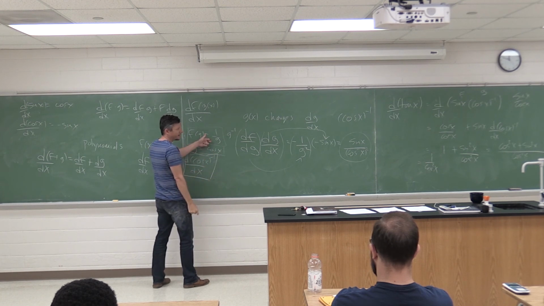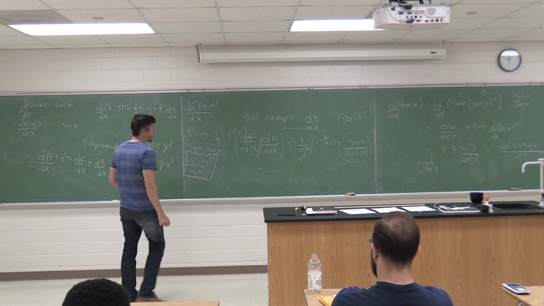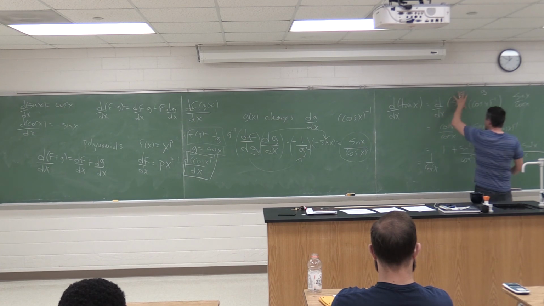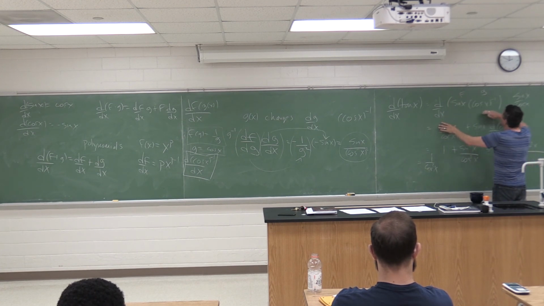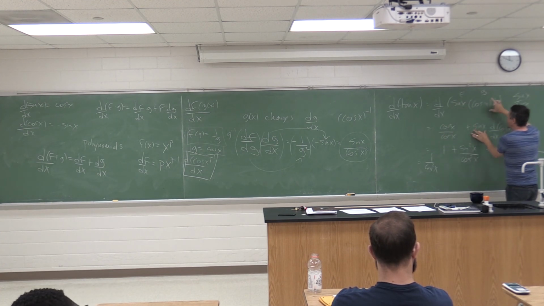So it looks something like this, 1 over g, but g is cosine. So f of g is 1 over cosine. So where this came in is we were doing the product of the derivative of f, which is sine. Derivative of sine is cosine. And then cosine x to the minus 1, that comes downstairs. And then plus f times the derivative of this. So that's why we needed that.